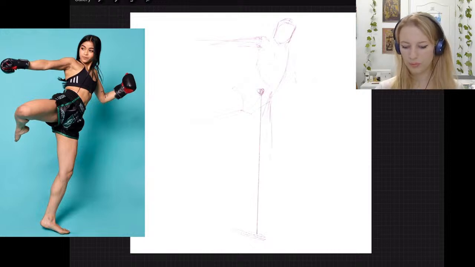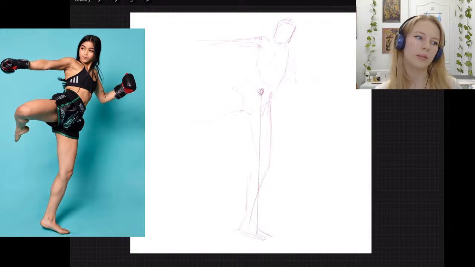So this is what we maintain, and I noticed that not everybody knows that, but understanding this point helps to avoid drawing a figure that looks like it's falling or something.